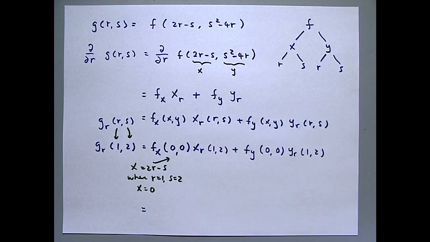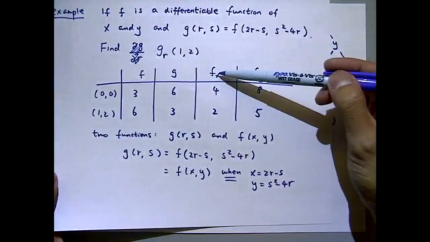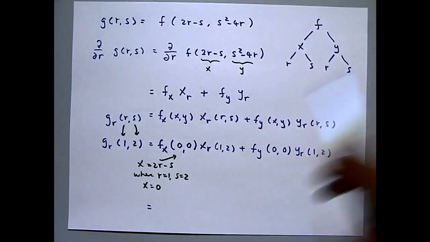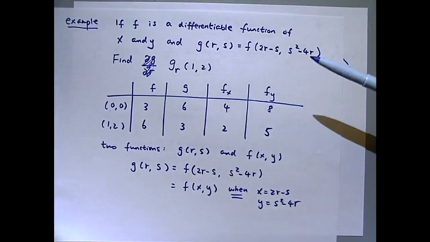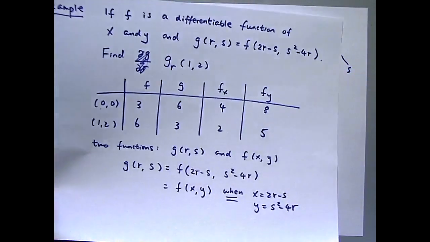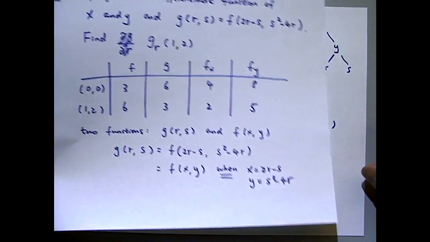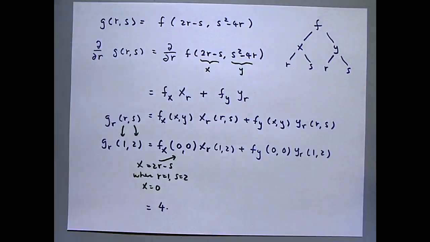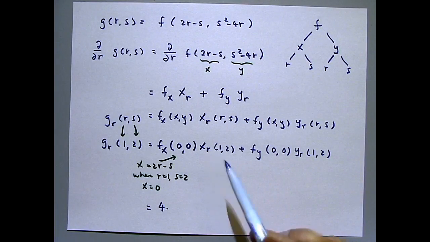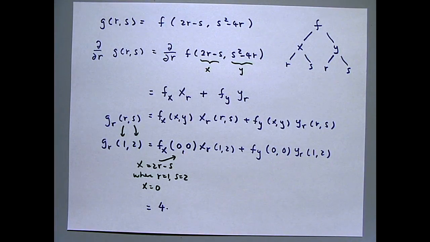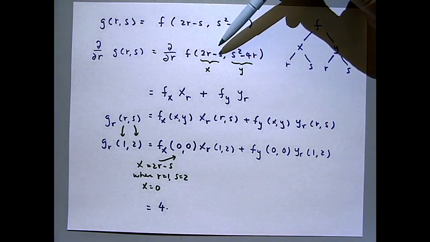So now we look at tables, right? f_x(0, 0) is 4. Then x_r(1, 2). What is x_r? How do we find x_r? The definition of x is right here.